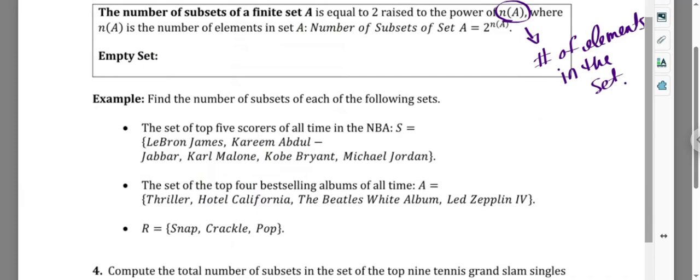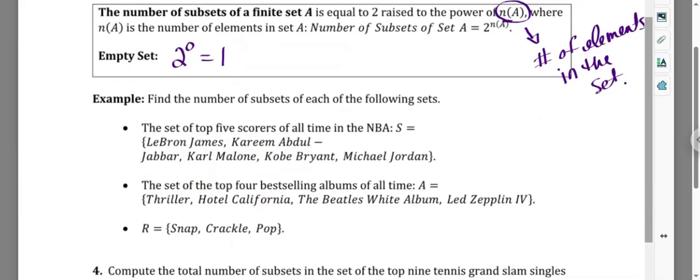So empty set has how many elements? 0 elements. So if it's an empty set, there's still one subset. So that even works there.